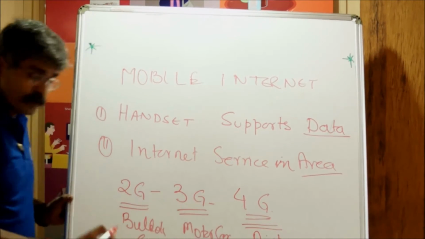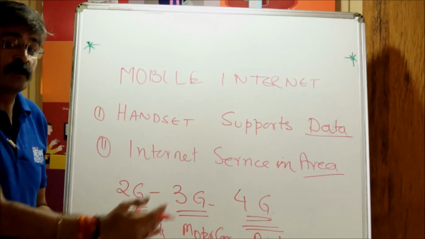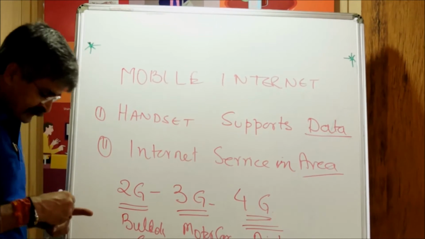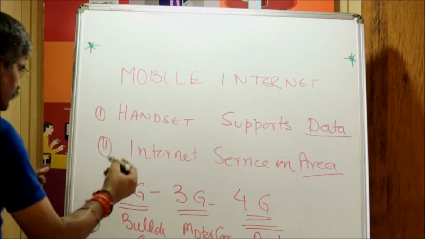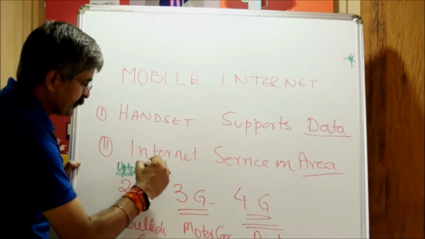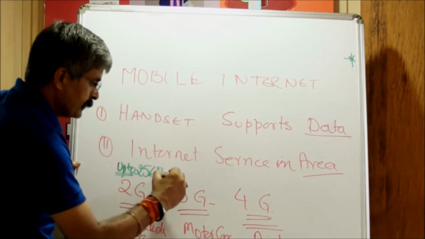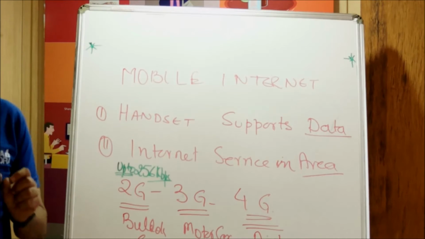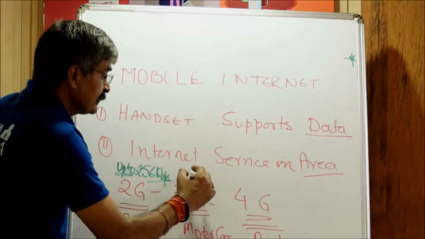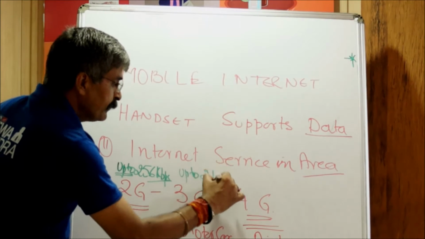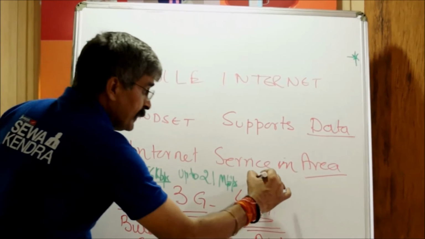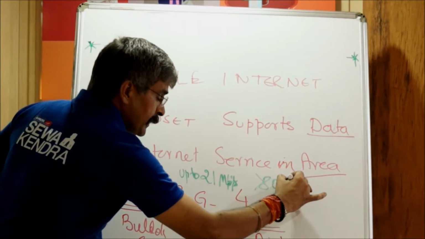It is much faster. So in our terms, 2G services give a speed of up to 256 kbps, and kbps is the measurement of how fast data is communicated. 3G is generally up to 21 mbps, and 4G is anywhere up to 80 mbps.